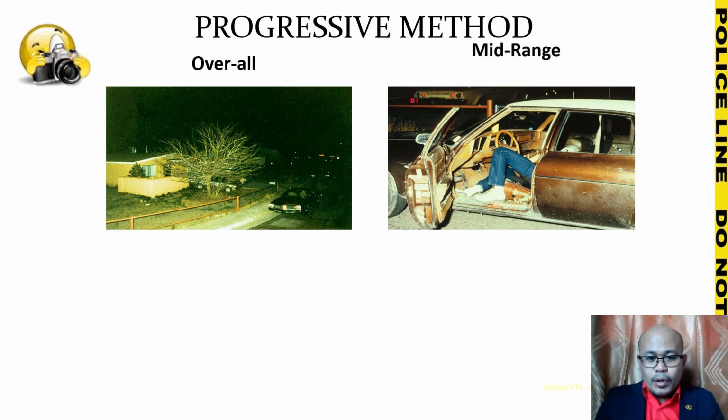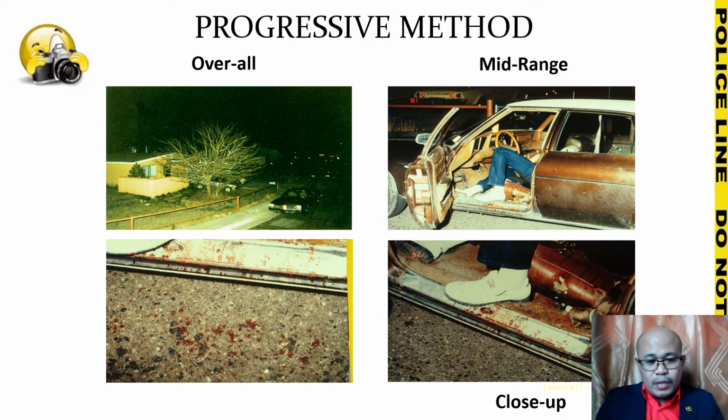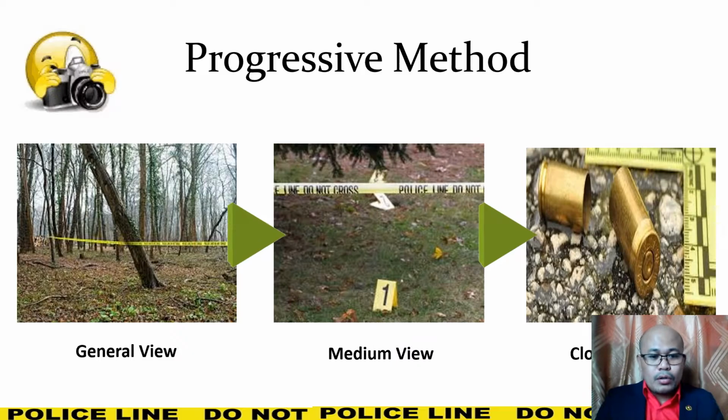We have our mid-range or medium photographs. Then approach closer, and you have your close-up photograph. And finally, if it is still necessary to take a very close view of a particular piece of evidence, there you have your extreme close-up photograph. That is again how to do the progressive method.